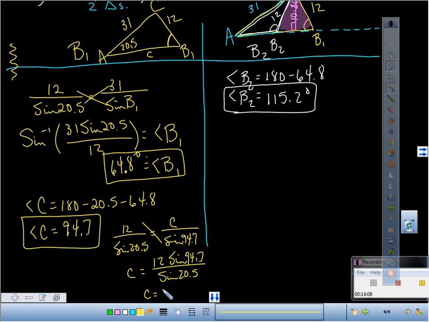What y'all get? 34.2? No? I got 34.15. Okay, so I'll round up. Is it 34.14 or something like that? I'm going to say maybe you typed something in wrong.